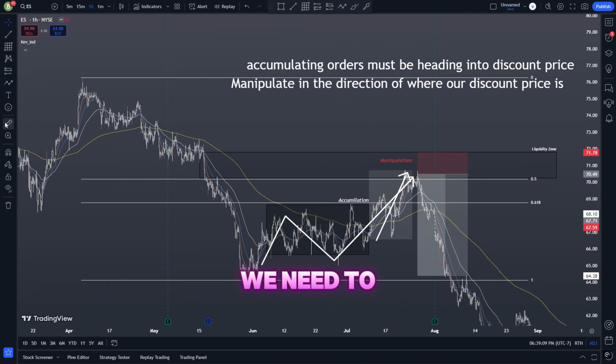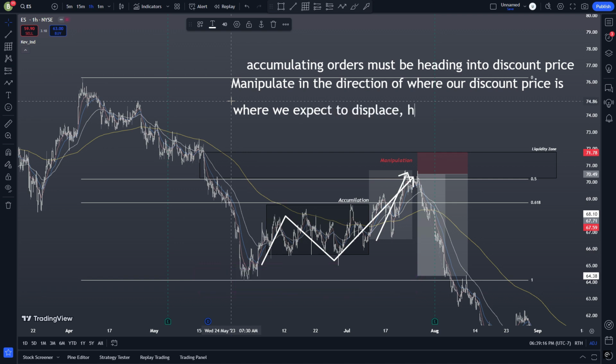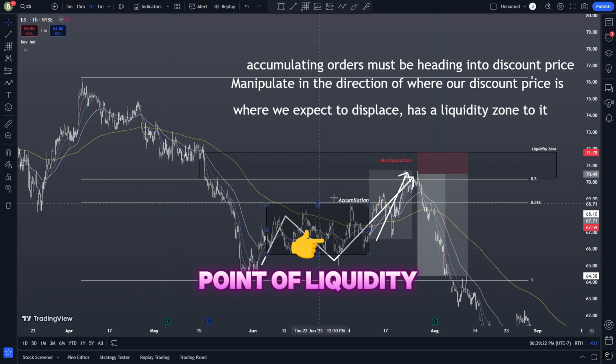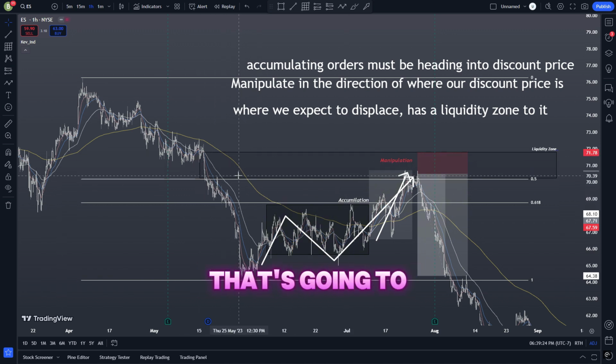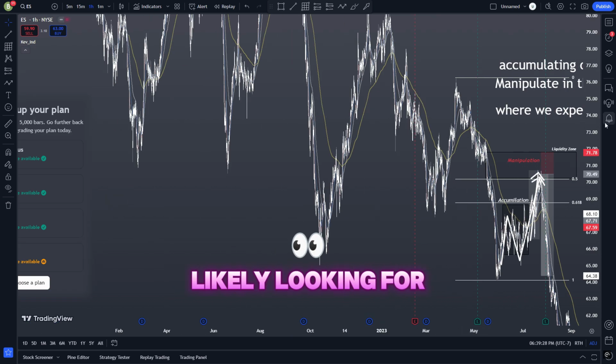After that, we need to make sure that where we expect to displace has a liquidity zone to it, meaning that there is an actual point of liquidity that we can backtrace it to that's going to give us that confirmation, hey, we are most likely looking for puts.